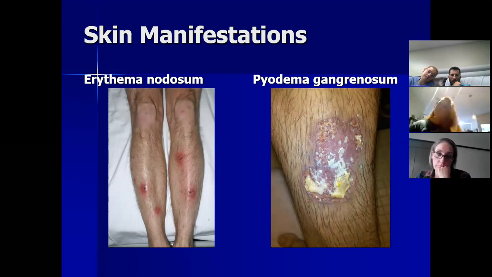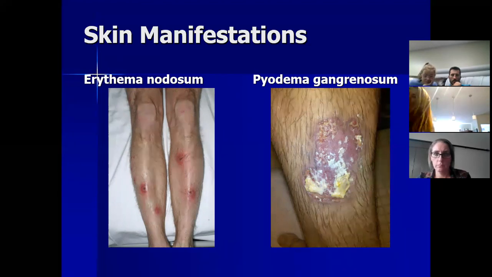On the left is erythema nodosum that has ulcerated, and that is only seen in Crohn's disease. And on the right, another picture of pyoderma gangrenosum. This picture I wanted to show you is the calf of a leg, so the backside of a leg, and pyoderma frequently has a purplish border around it.